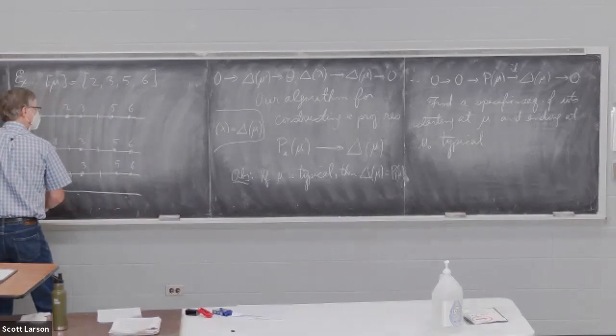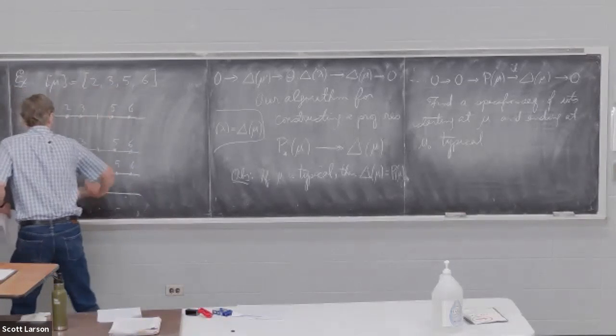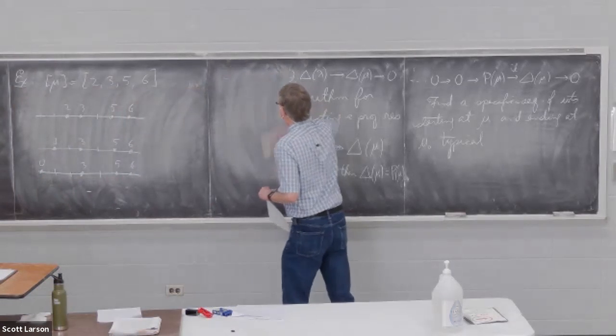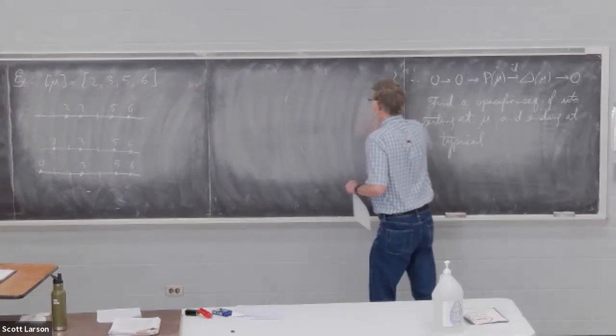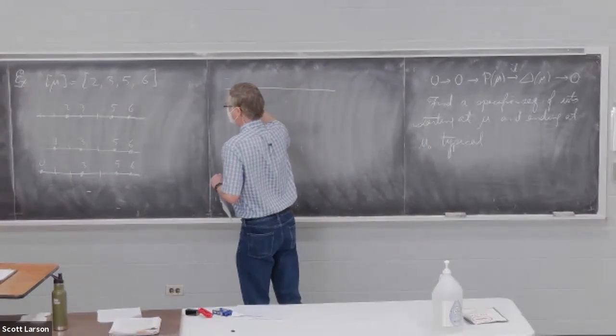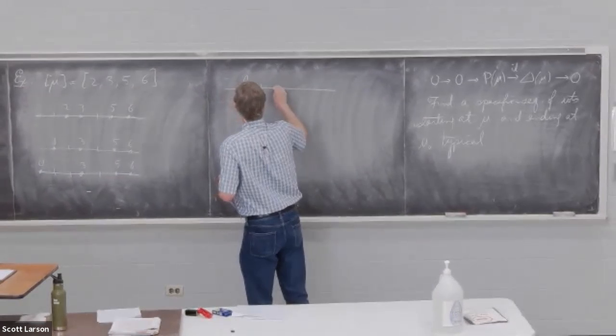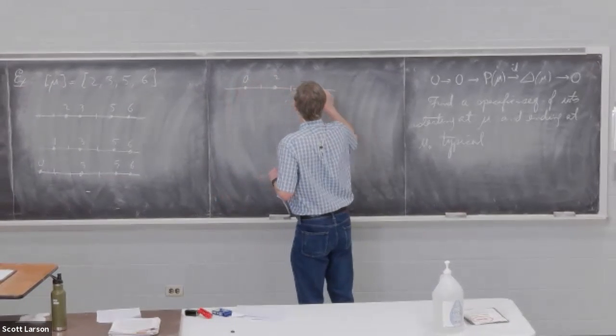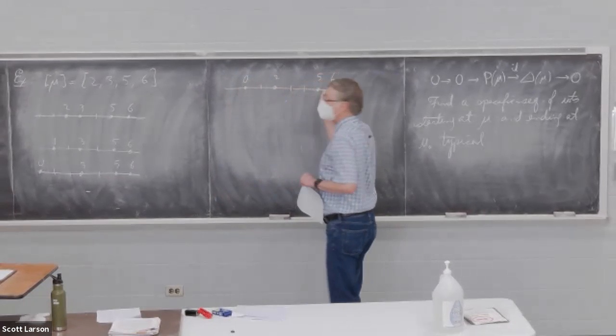I see I'm going to run out of room. 0, 2, 3, 4, 5, 6. Now I can move the 5 over.